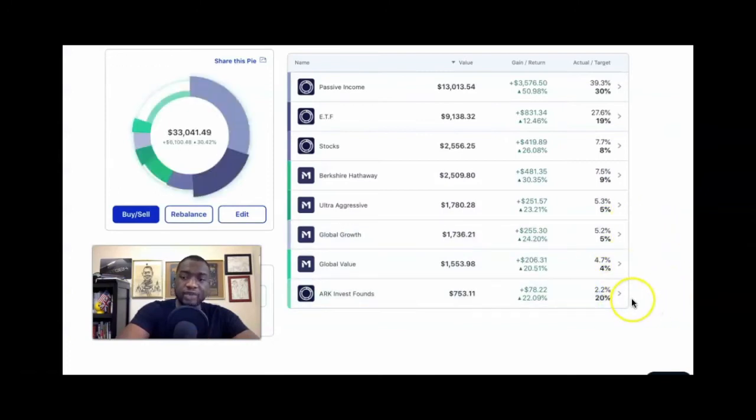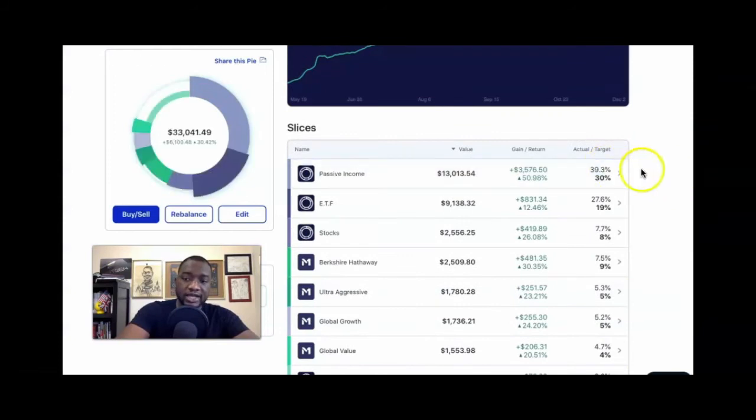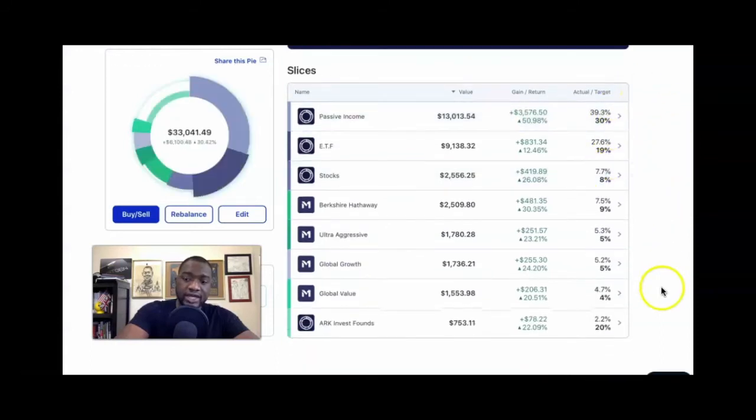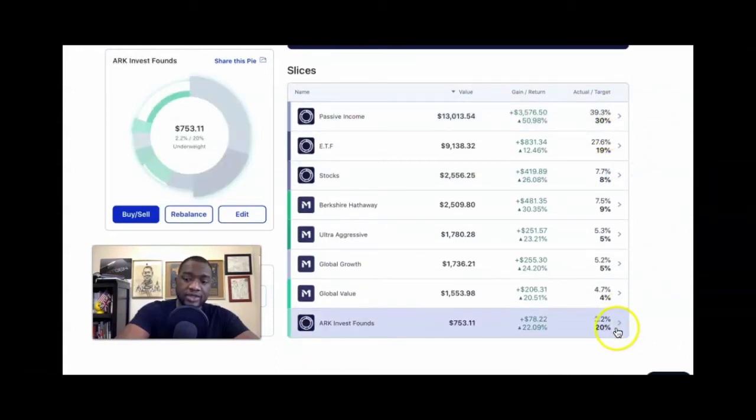So instead of putting the money into this section, which is overweight because it has 39% in it, M1 takes the money and puts it on this side of the portfolio, to get to about 20%, the allocation that I want.